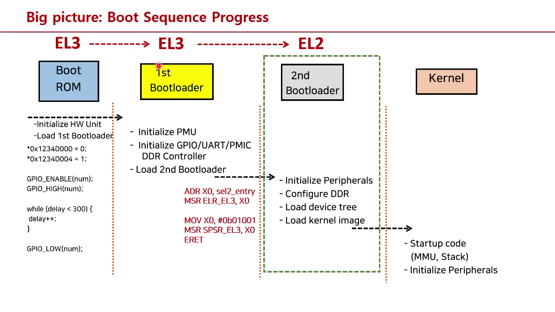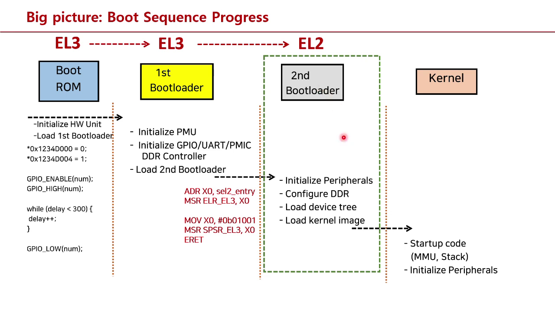At this point, the current exception level is exception level 3. And then after running this assembly instruction, the current exception level is set to exception level 2, and the second bootloader starts to execute.